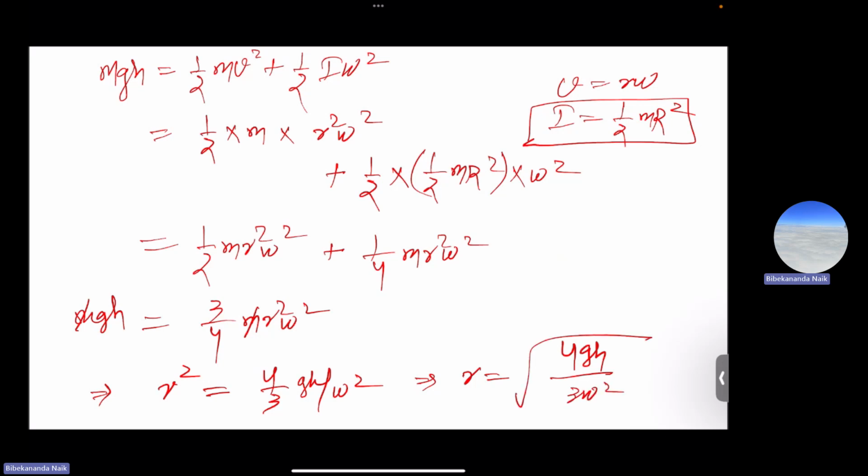So when you put the values, r equals the square root of 4 by 3 into g is 10 into h is 7.5 into 1 by omega square, 1 by 1 square.